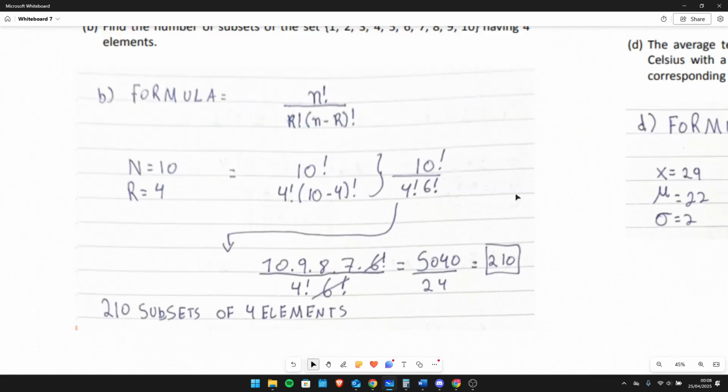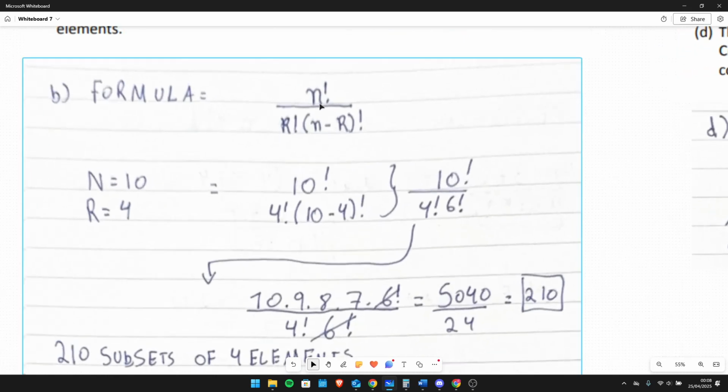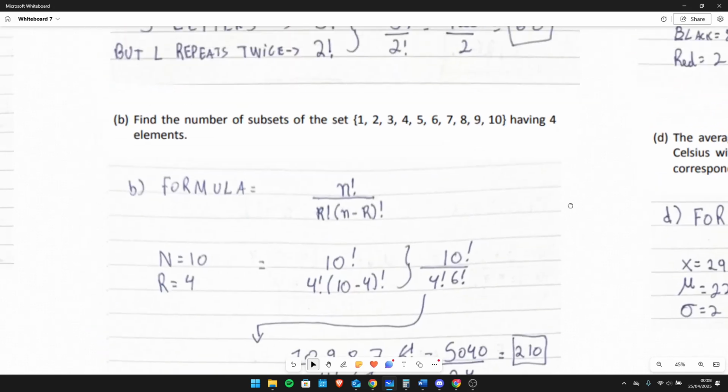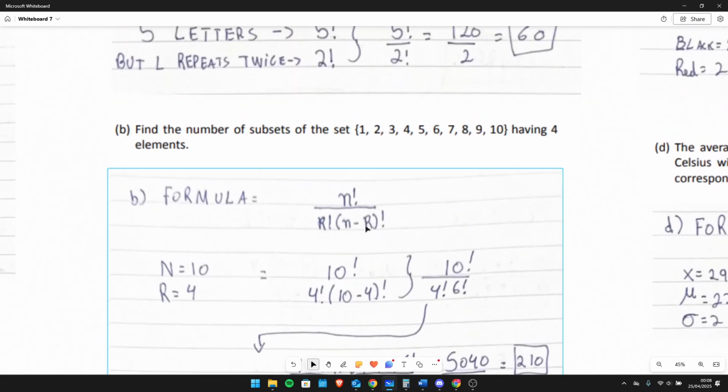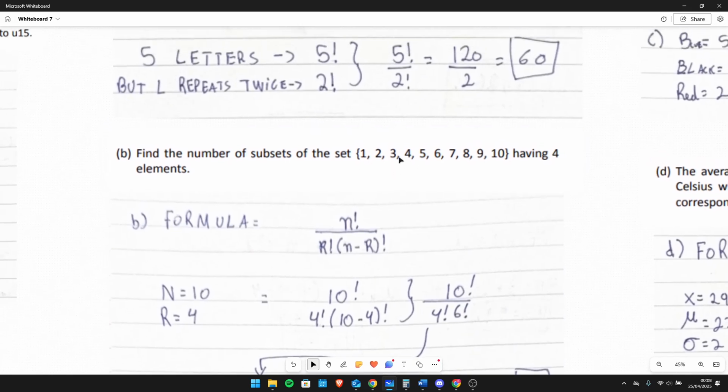B, the number of subsets having 4. Okay, this one I didn't know either, but just use the formula n factorial divided by r factorial times (n minus r) factorial. So n is 10 because it's the total amount of items we have here, and r is 4 because she's asking for 4 elements.